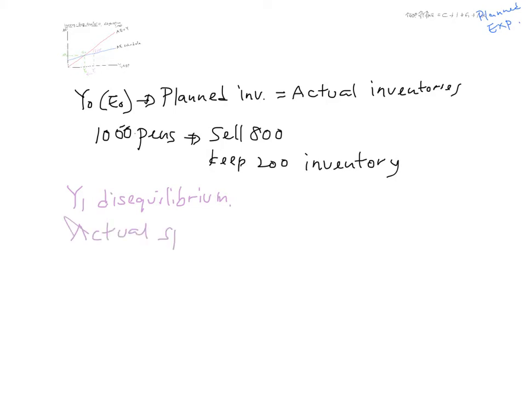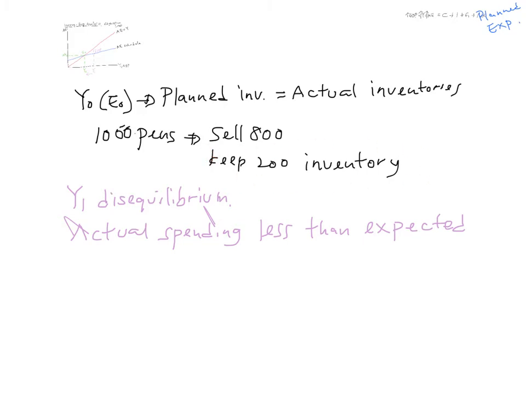Actual spending or actual expenditure less than expected. This is going to have an effect on our inventory. Okay, we have produced 1,000 pens expecting to sell 800 and have 200 in the inventory.